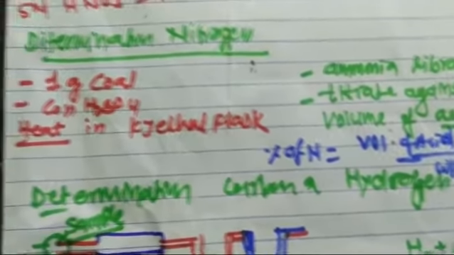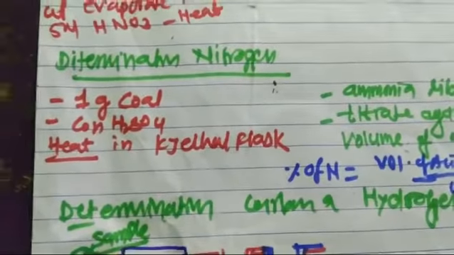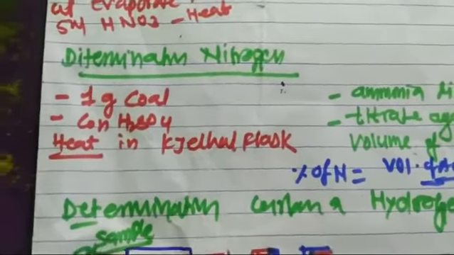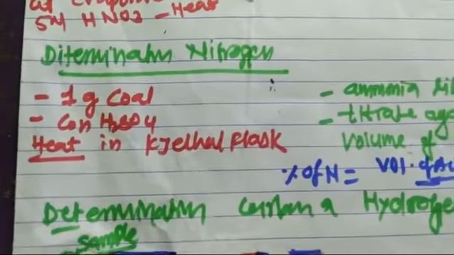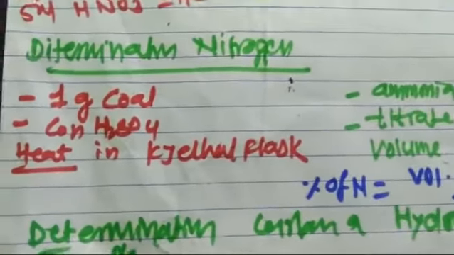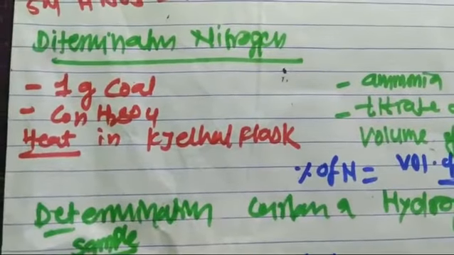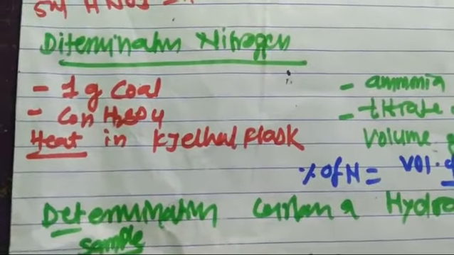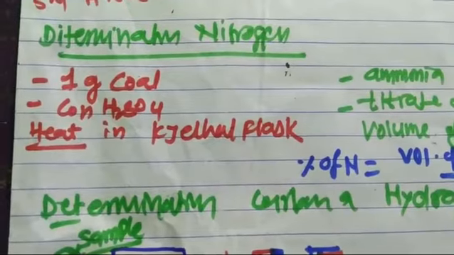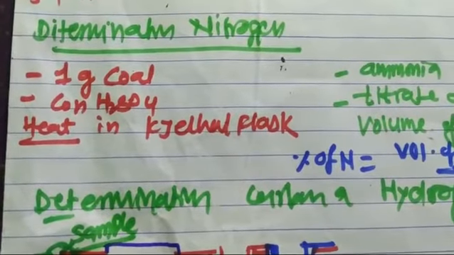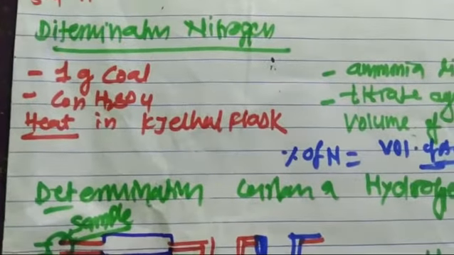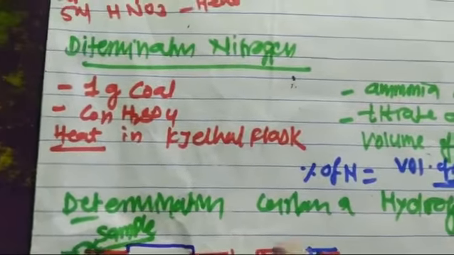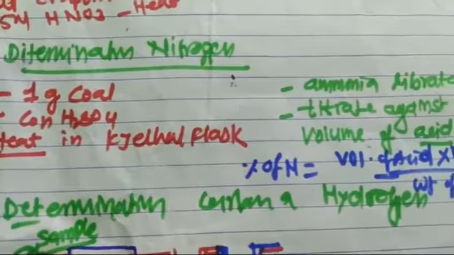The percentage of nitrogen can be calculated by taking 1 gram of coal in a Kjeldahl flask and heating it with concentrated H2SO4, and also taking 0.1 gram of chromic acid. After some time, there is liberation of ammonia.